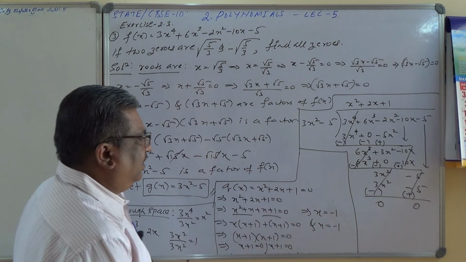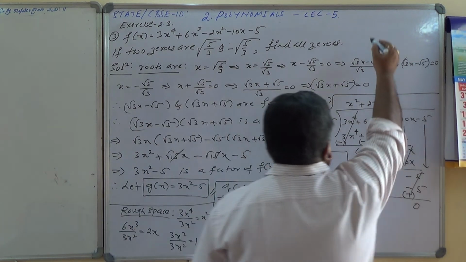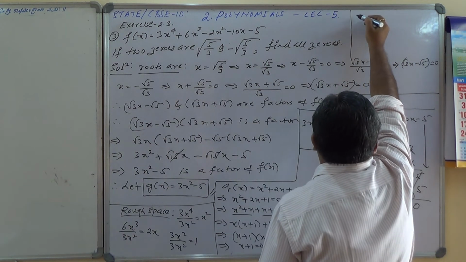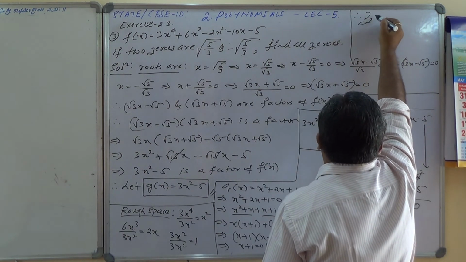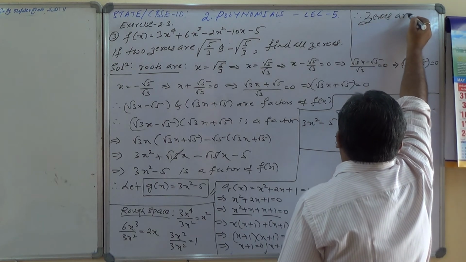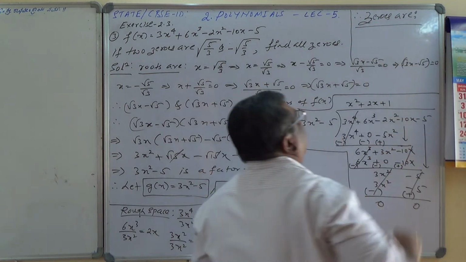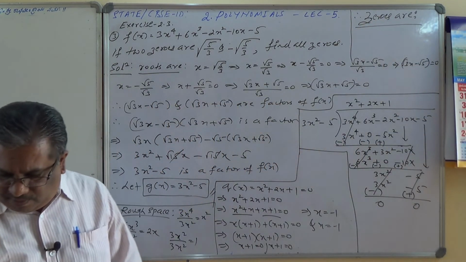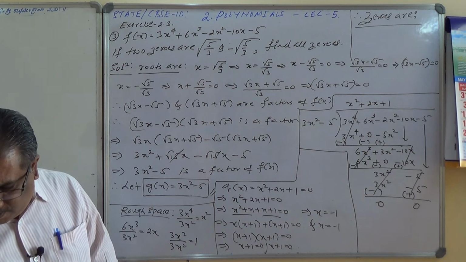Is it right? And therefore finally my answer, I'll write here: therefore zeros are... where are the zeros? Find out which are the zeros here.